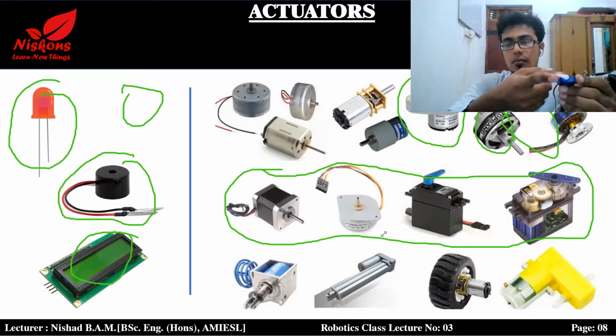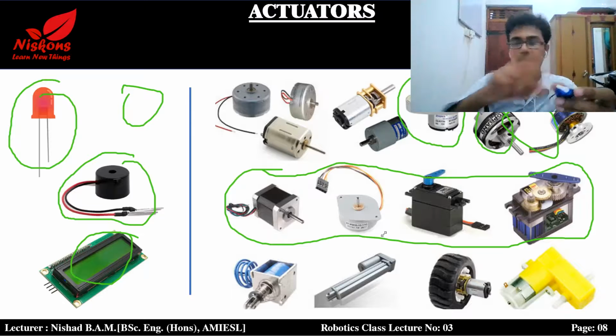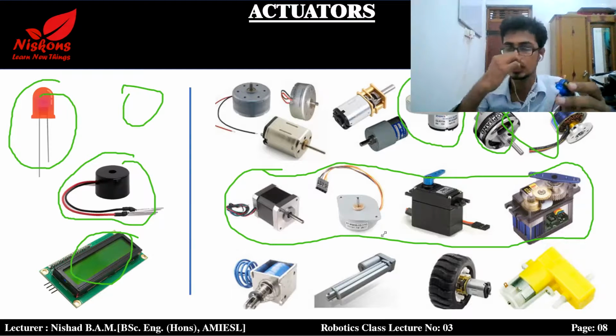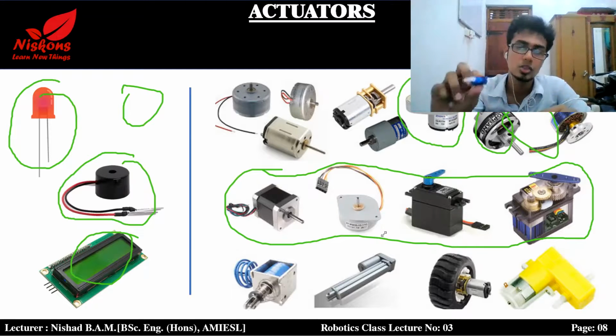They can't rotate further than 180 degrees. They can only go half a circle, half a rotation. That is called a servo motor. We use servo motors not for continuous running purposes.